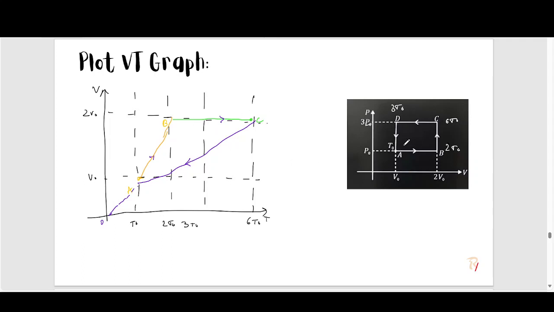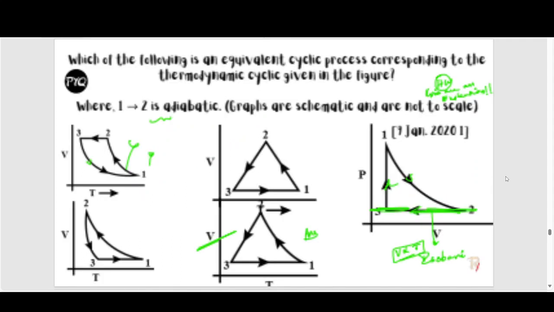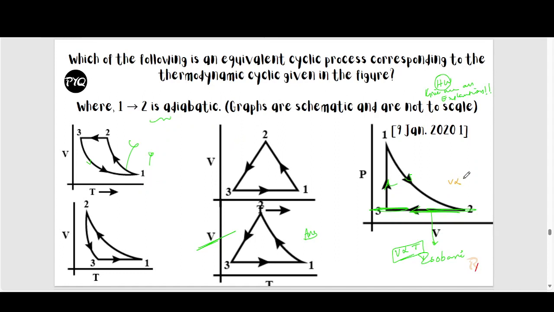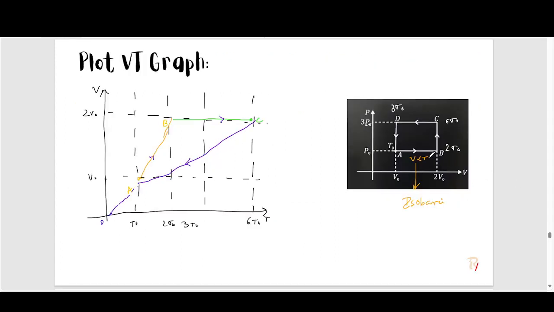From this we can say that volume is directly proportional to the temperature, since this can be seen as isobaric. Since I have explained this here, volume is directly proportional to temperature. This was isobaric and this was isochoric.